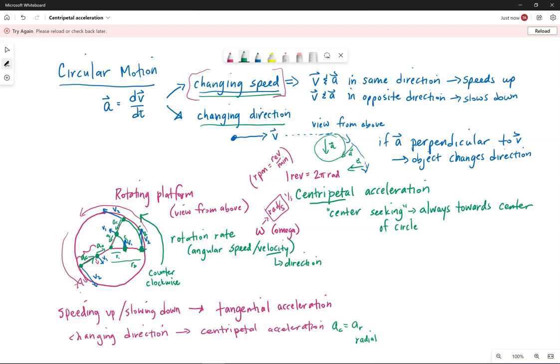As an object moves through a circular path, these two masses on the platform will always move through the same angle. So even when I originally drew an S1 versus S2, we see that the outside mass travels farther than the inside mass.